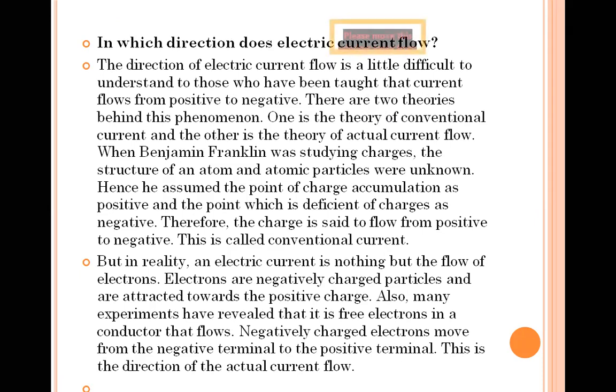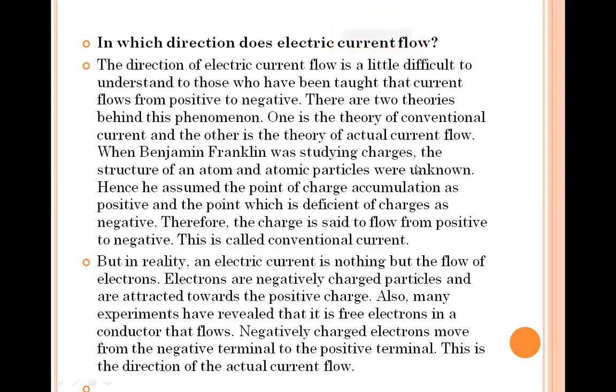There are two theories behind this phenomenon. One is the theory of conventional current and the other is the theory of actual current flow. Conventional means that it has been going on for so many years and is convenient for us to understand where the current is flowing. When Benjamin Franklin was studying charges, the structure of the atom and atomic particles were unknown.